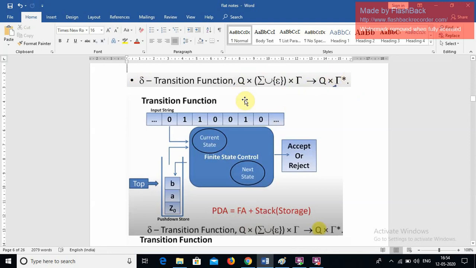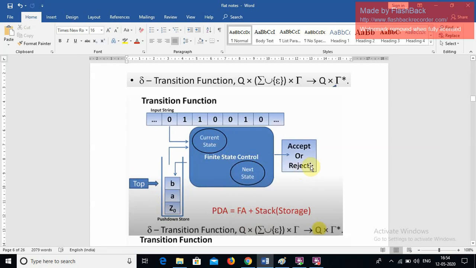Now we'll see the process of working of this transition function. The transition function has an input string, and then there is a stack here, and the top is there. As per the mechanical definition, we have an input tape consisting of the input string, and a finite state control, which matches the state to state transitions, and the stack.